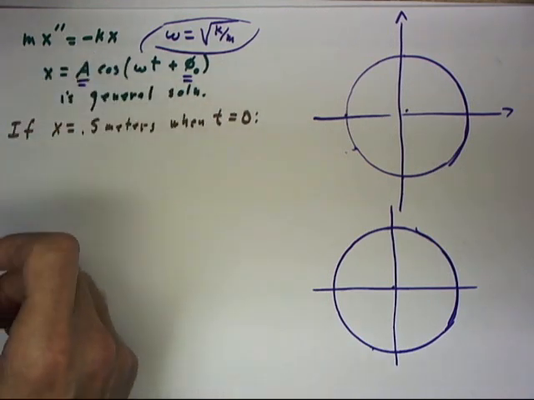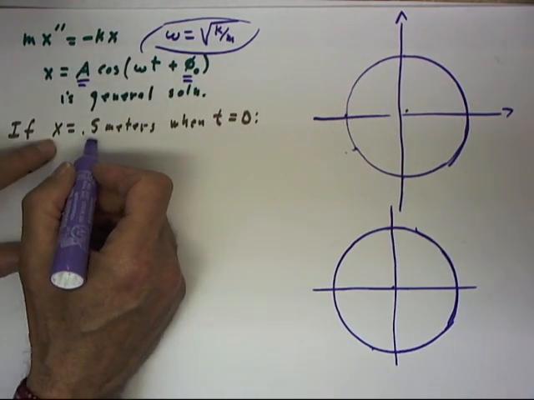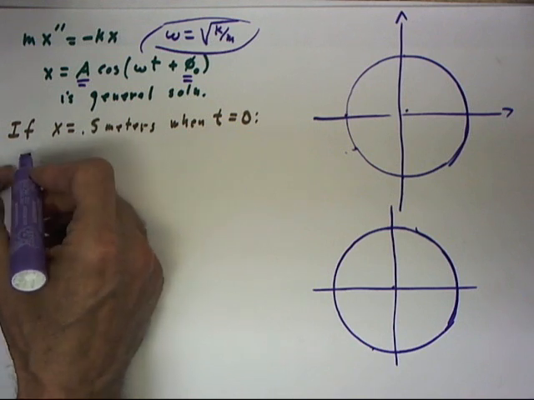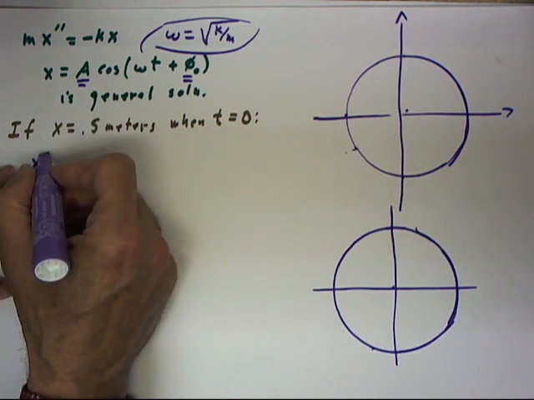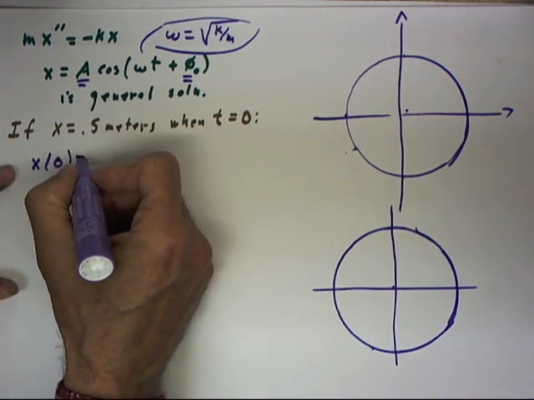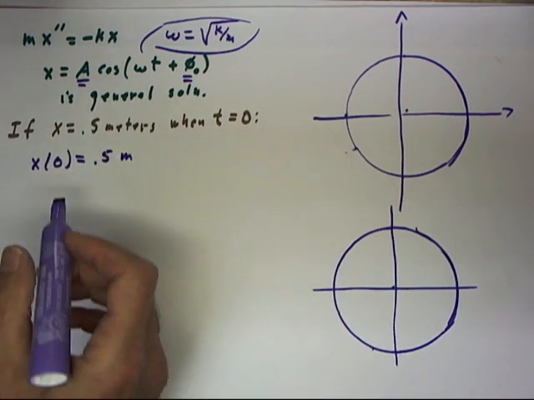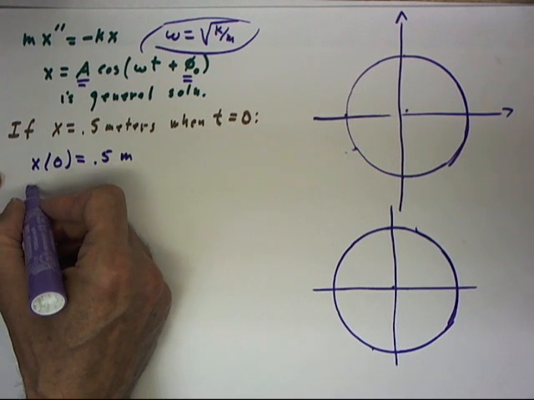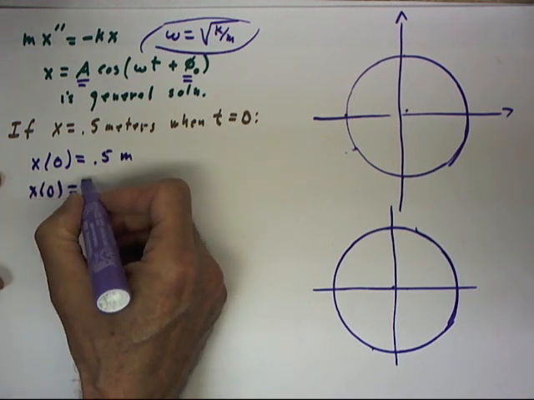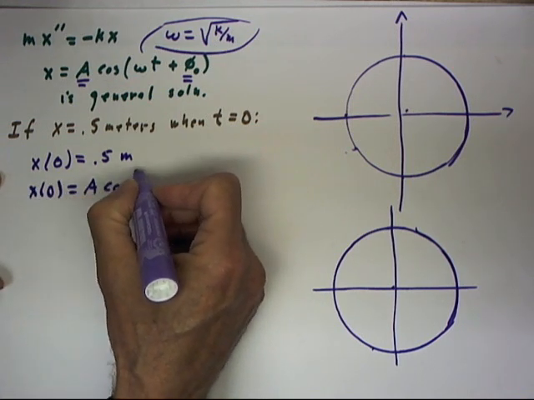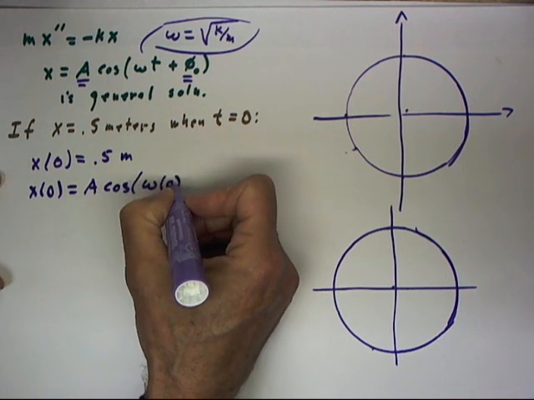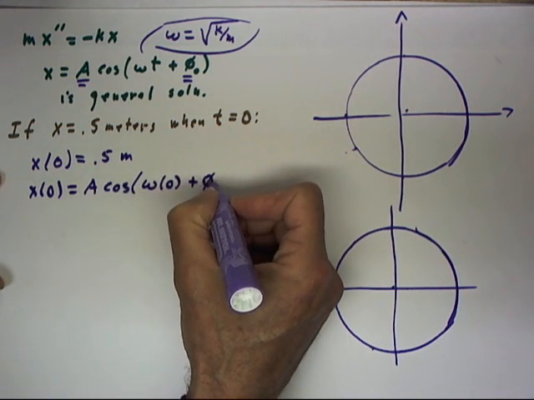original equation. Now, if x is 0.5 meters when t equals 0, that means, of course, we write that as x of 0 equals 0.5, and I'll go ahead and keep the meter here. Now, x of 0 equals A times the cosine of omega times 0 plus phi naught.